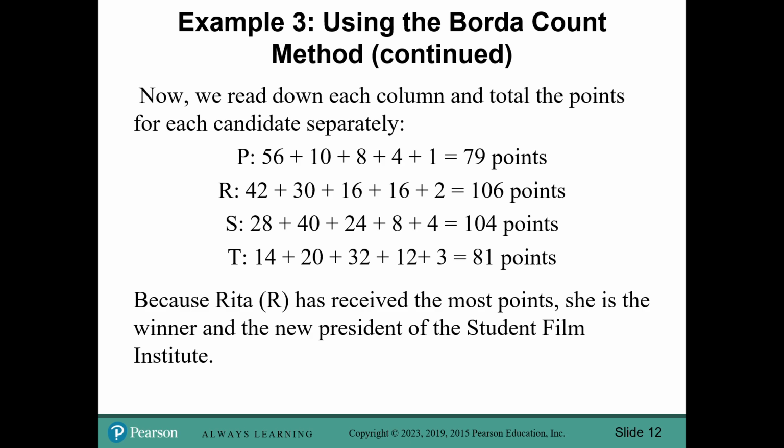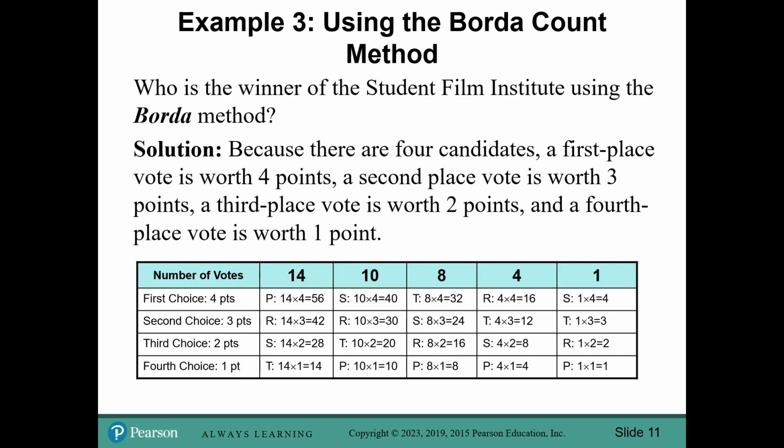Okay, now here's what we do once we've done that. Now we're going to read down each column and total the points for each candidate separately. You might be wondering where in the world these numbers came from. Let's break down Paul. Paul had 56, 10, 8, 4, and 1. That's where those numbers are coming from.